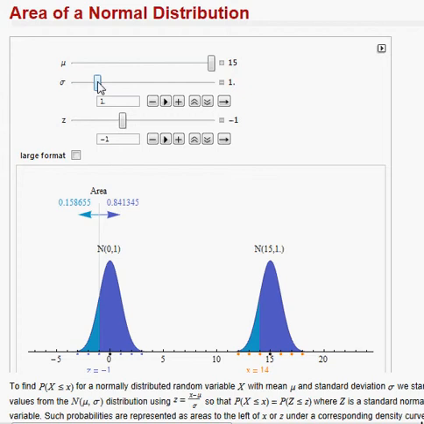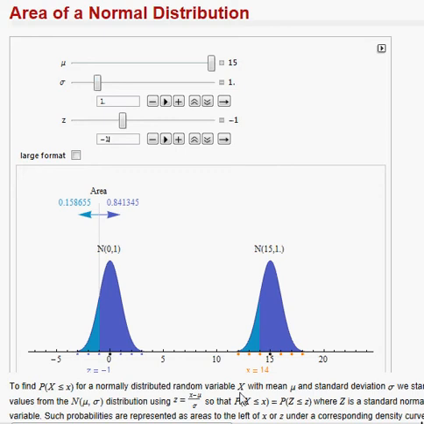Okay, so let me go back to the standard deviation of 1. Another interesting thing is the z value and here the x value. X is the data value, z is the corresponding standard normal data value. You can see there is a relationship between z equals -1 here and correspondingly x equals 14 here, and the relationship is given at the bottom: z equals x minus mu over sigma.